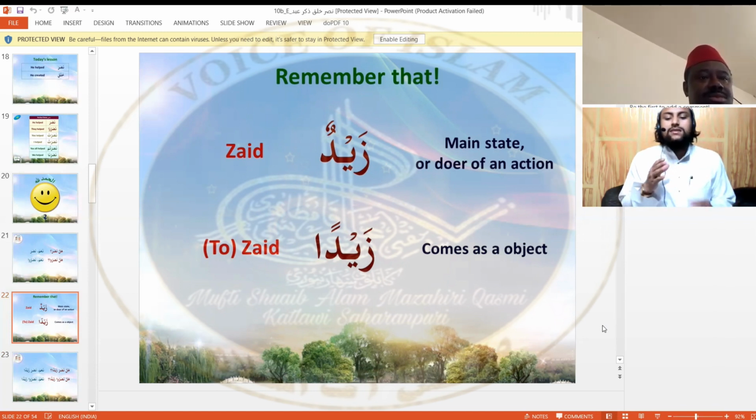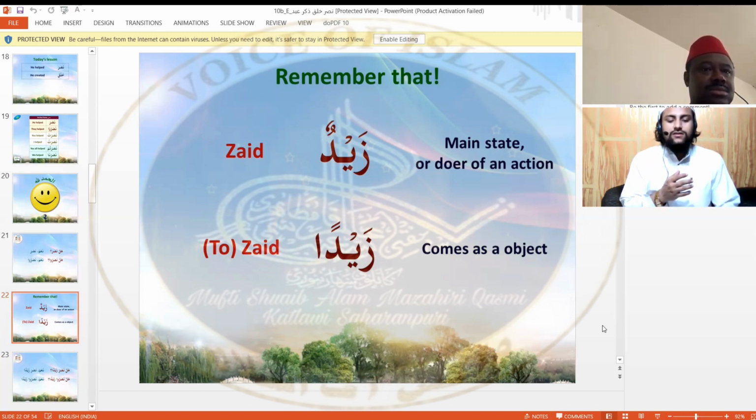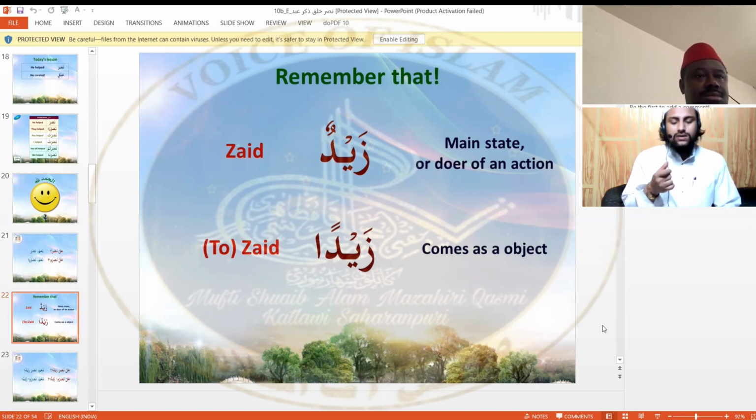And Zaidan, with fathatain, comes as an object. If there is fathatain, that is an object, and if there is dhammatain at the end, that's the doer.